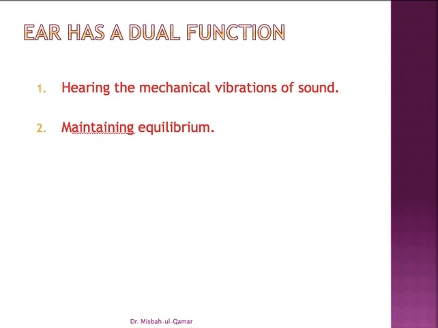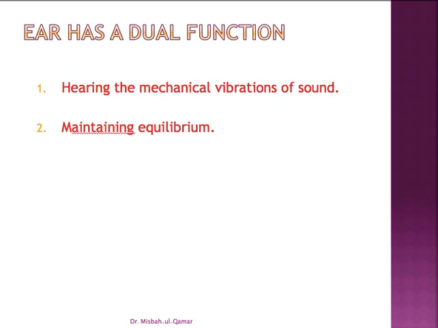Ear has dual function because the inner ear contains two contiguous hair cell based sensory systems. The two functions which your ear performs are hearing the mechanical vibrations of sound, for which your auditory system uses hair cells to transduce the vibrations which are generated by the sound waves.